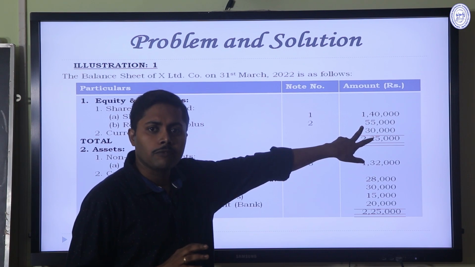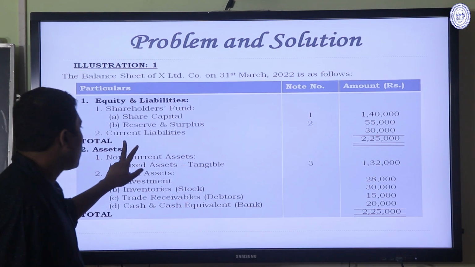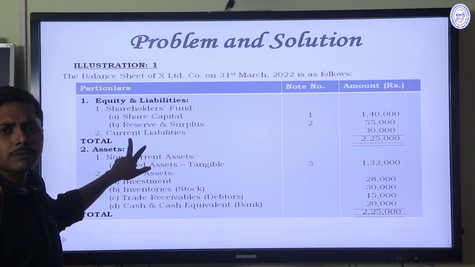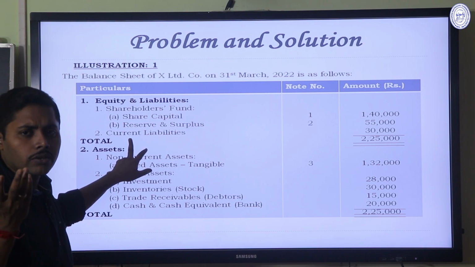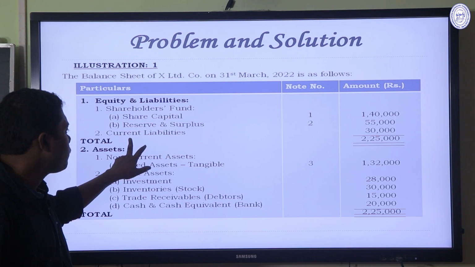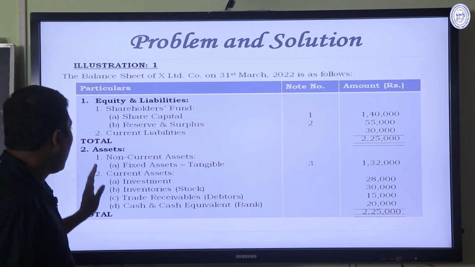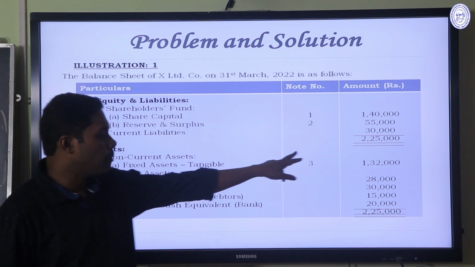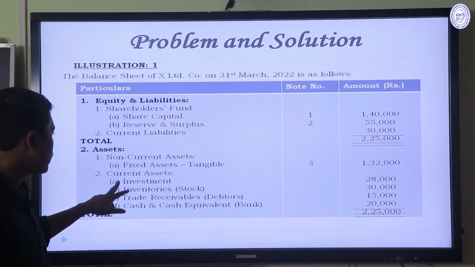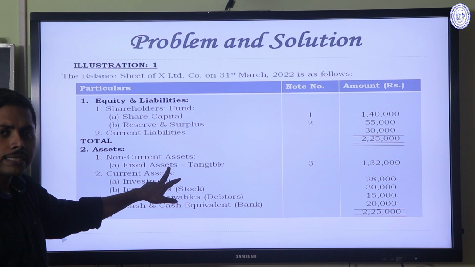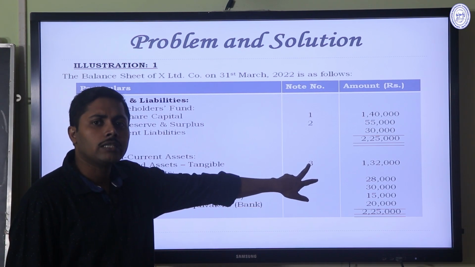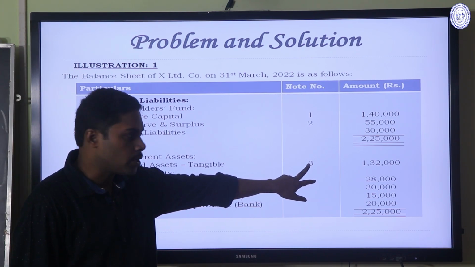Total balance is 55,000. Current liabilities are there, like it might be sundry creditors, that is trade payables or other things. So, current liabilities is 30,000. Along with that, total of liabilities is 2,25,000. Along with that, it has tangible fixed asset, the details of which are mentioned in note number 3.